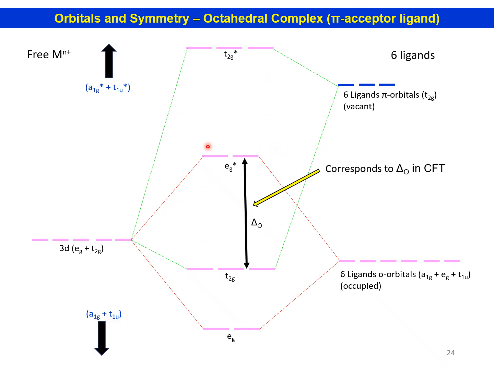And this is the crystal field splitting energy for a molecular orbital diagram that consists of a pi-acceptor ligand. This explains why the pi-acceptor ligand is a strong field ligand, the strongest, because it actually splits the eg star and t2g way much more, with much difference compared to the sigma donor and pi donor.